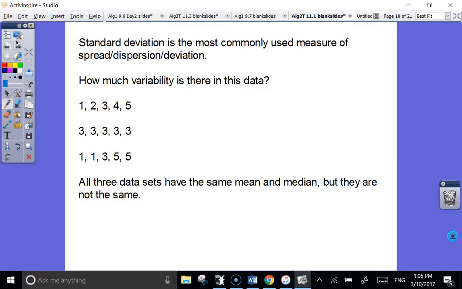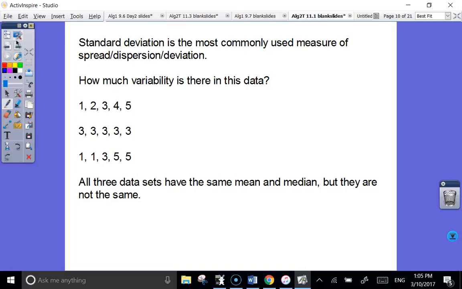Obviously, they're different. Right? This middle one here, it doesn't have any spread. Every value is the same value. So what's the range of those values? 0, right? The max and the min are the same thing. It's just 3.